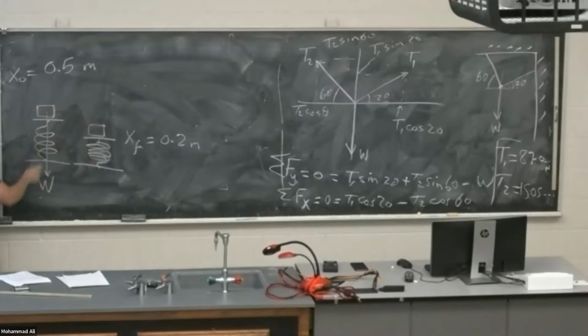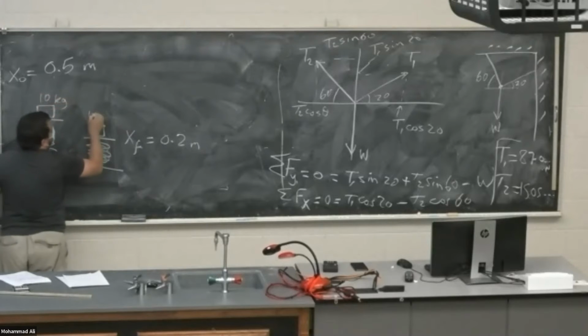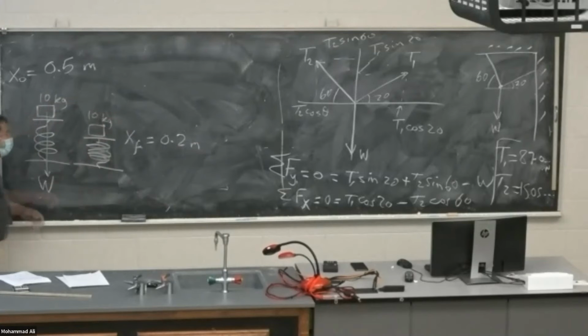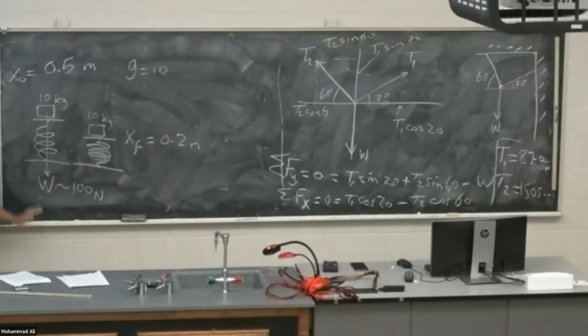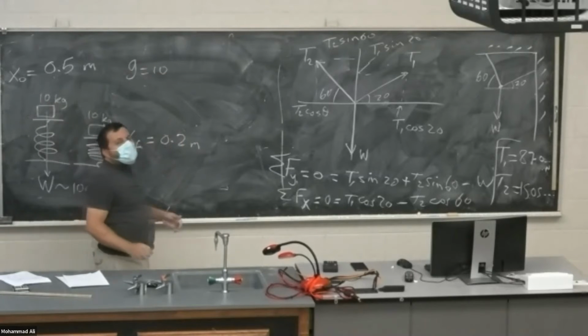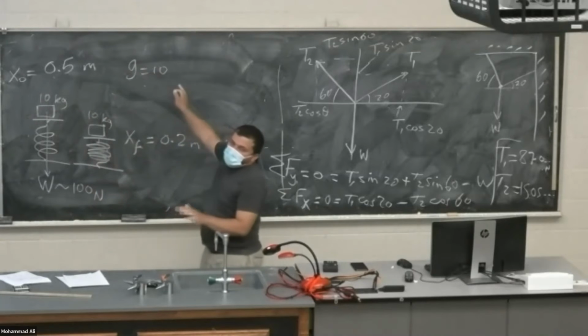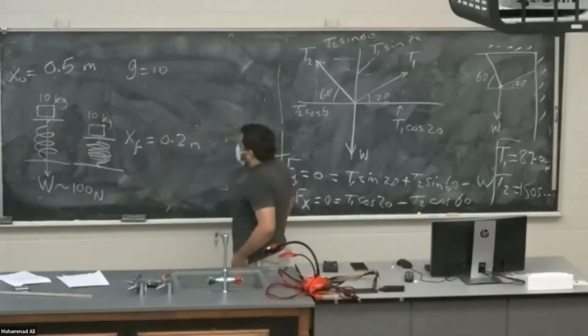If this mass is equal to 10 kilograms, its weight is almost 100 newtons, if I approximate g to 10. All of us like to use g as 10, not 9.8.